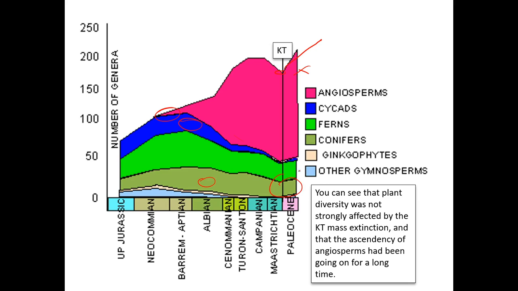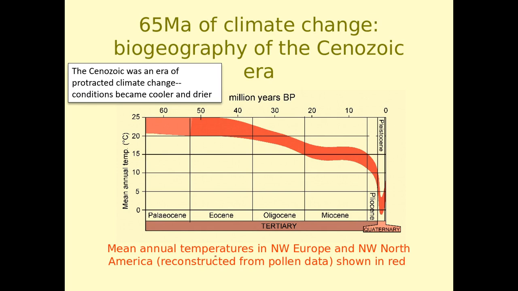Conifers kind of weren't too badly affected. Ginkgos right here are shown in this beige color. Really, there's only one species of ginkgo left, Ginkgo biloba, that I'm sure you all know. It's a popular herbal medicine. So anyway, angiosperms, as you probably can guess now, are the dominant group of plants on land.